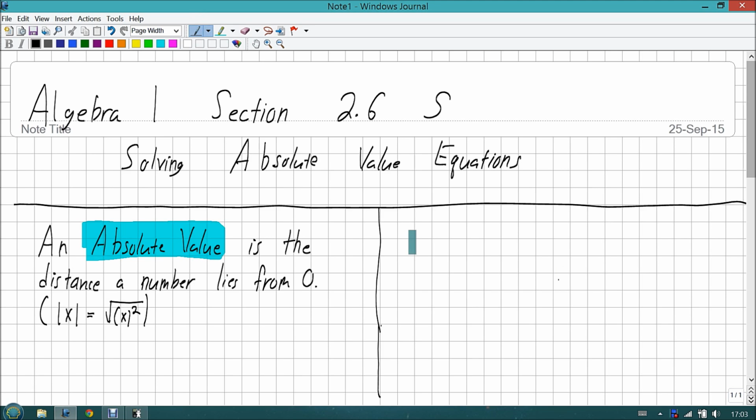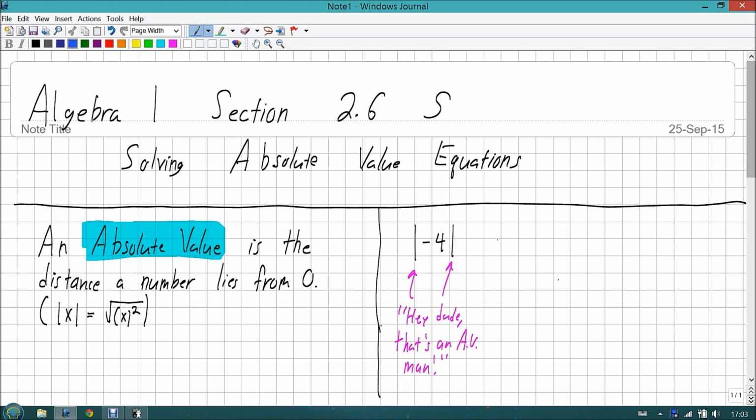So for an example, let's say we have the absolute value of -4. Notice that these straight brackets let us know that, hey, that's an absolute value. And you're like, oh, well, all right, so what do we do with it?